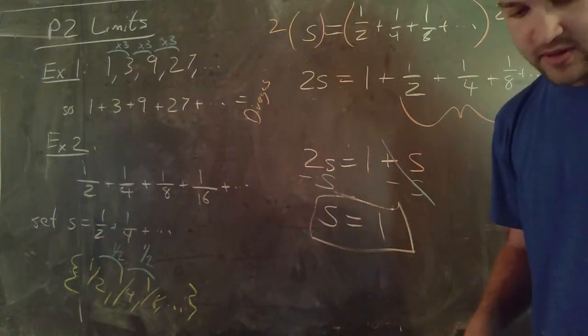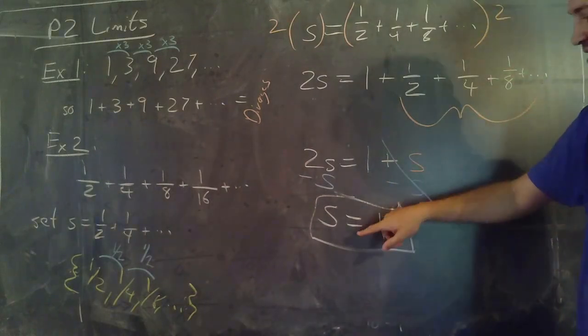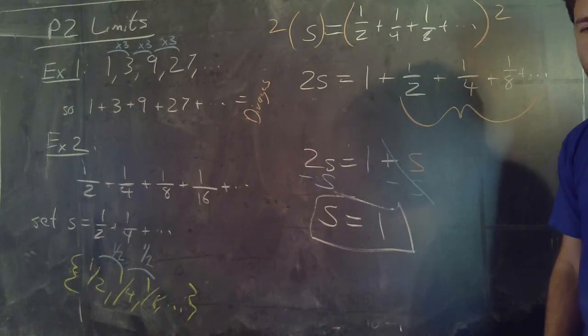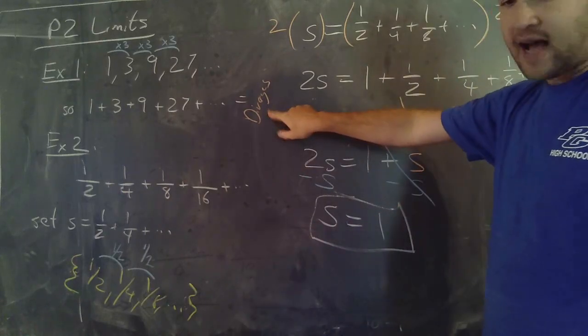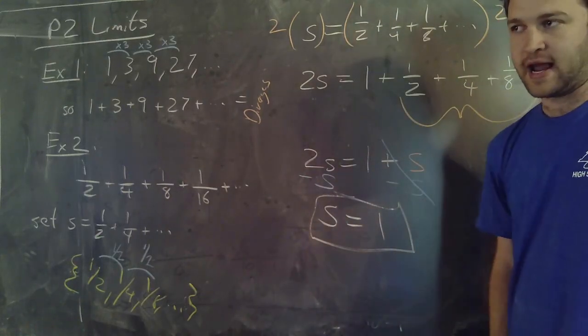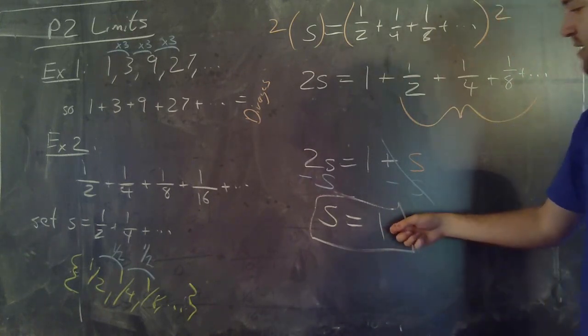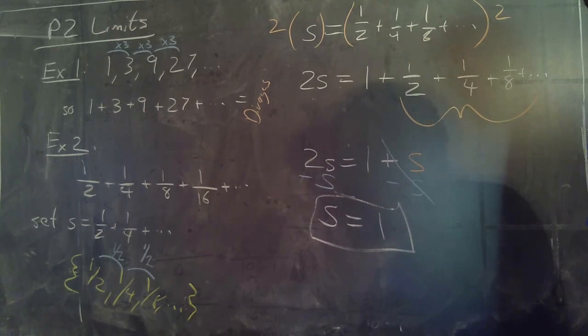Now, when I'm able to find a specific number that this series goes towards, then what I say is not that the series diverges, that it just gets bigger or more negative without boundary. I say that it converges on a specific number, and that would be the answer to this series. Okay?